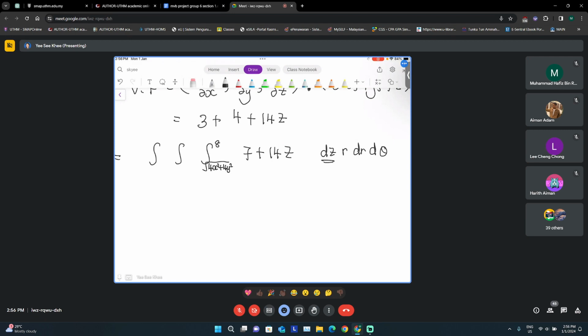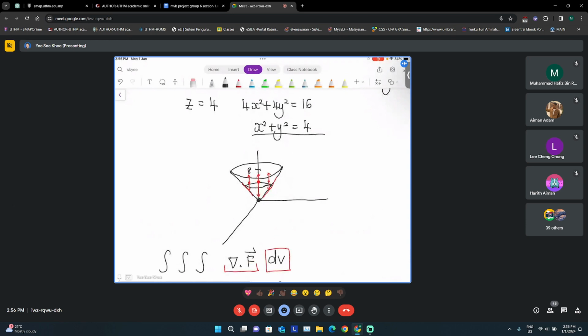For dr and d theta, you have to look at the xy projection. When you look down from the top, you will see this circle, located at the position z equals to 8.